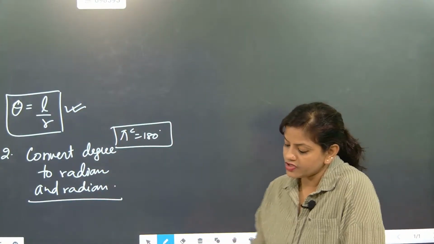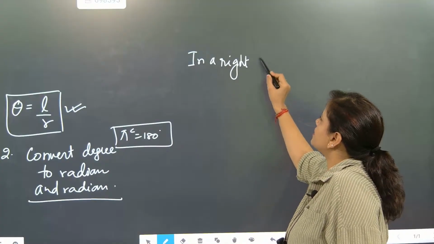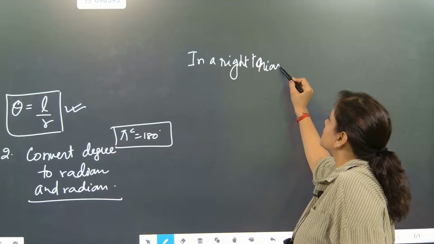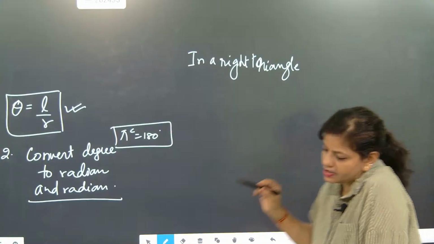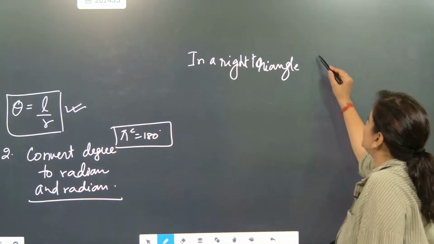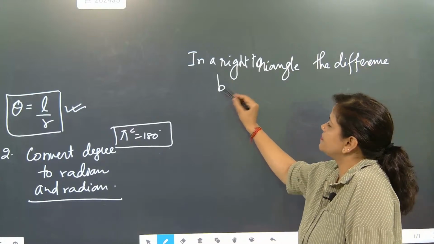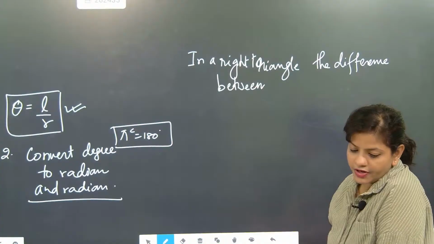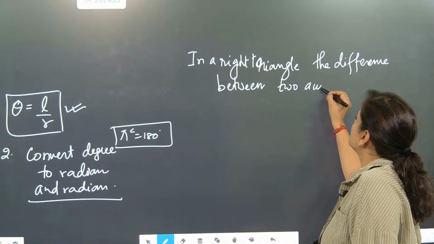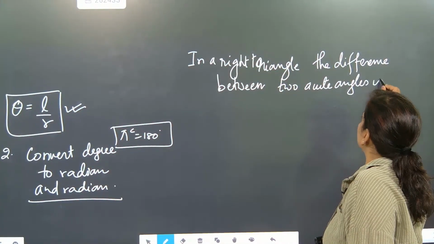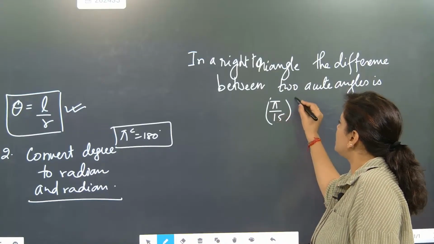So the beginning section question is: in a right triangle, the difference between two acute angles is pi by 15 radian.